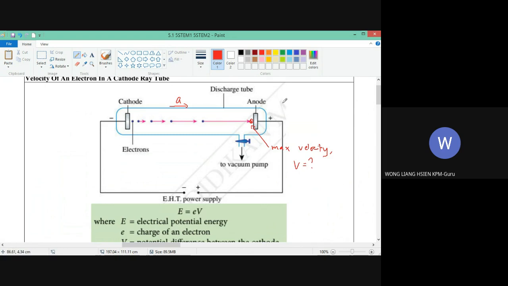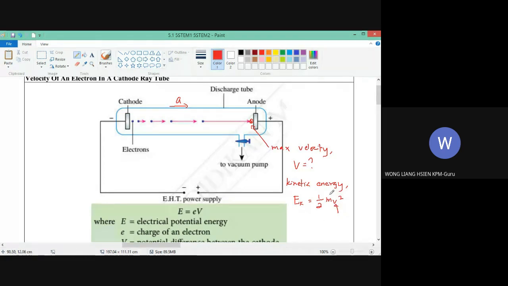So if we find out how much the kinetic energy is, we can find out the velocity, because the kinetic energy can be calculated with the equation half mv squared. As you can see, there is a velocity here.